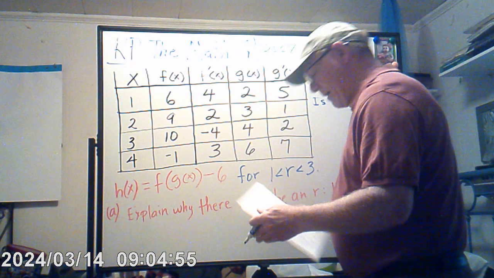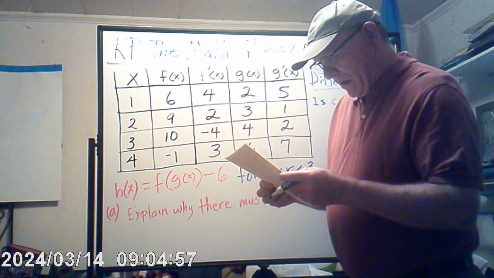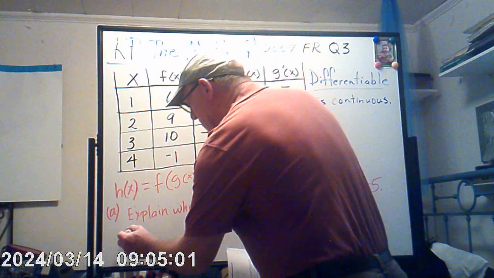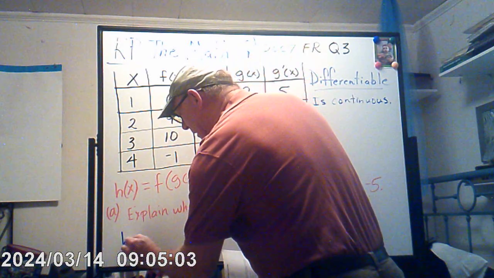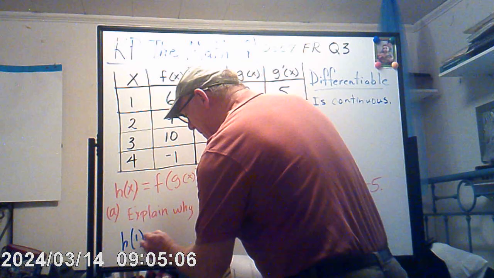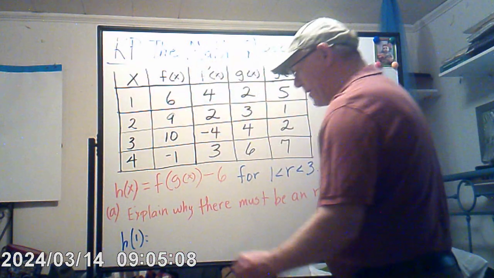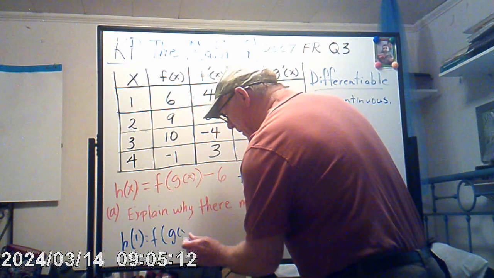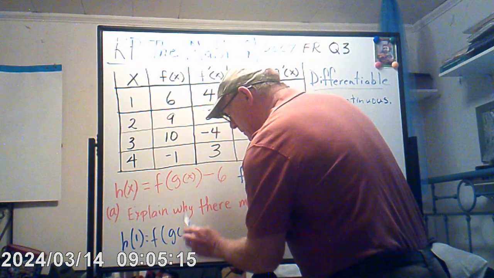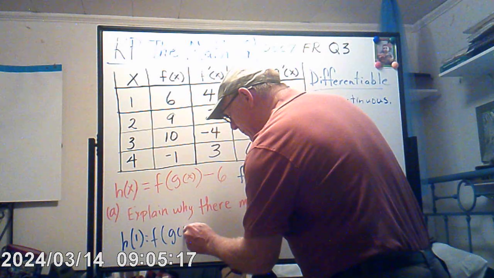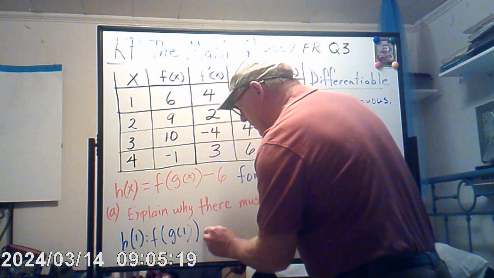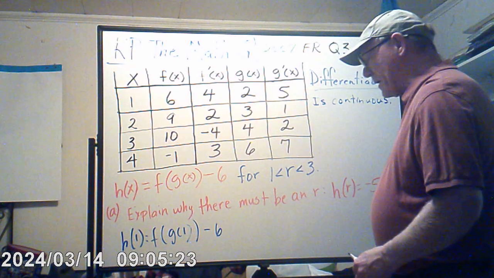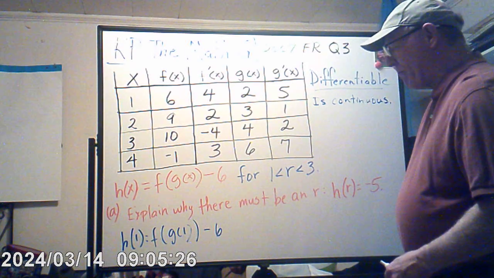So let's see. I want to find h at 1. I know I don't have a lot of room. I may have to flip this board over a little bit. Alright, h at 1 is f at g at 1 minus 6.